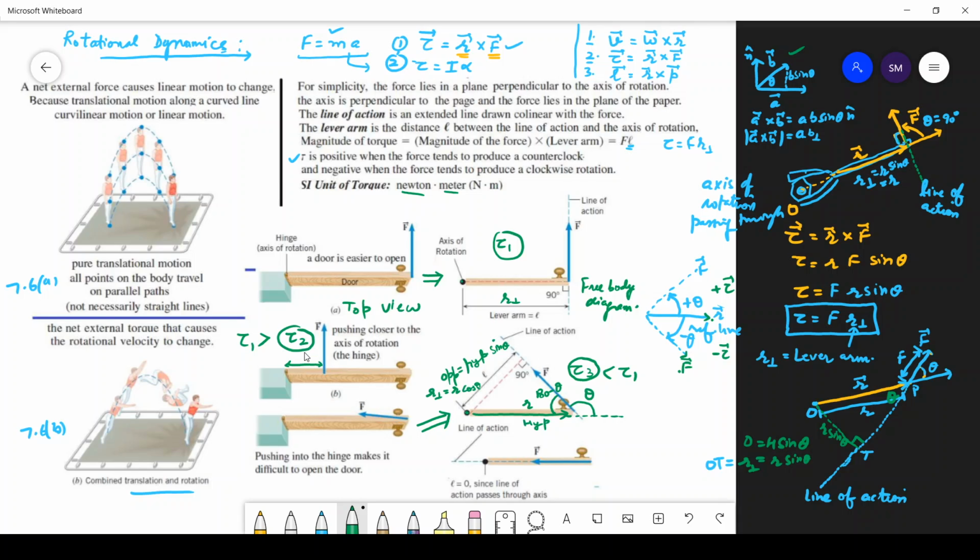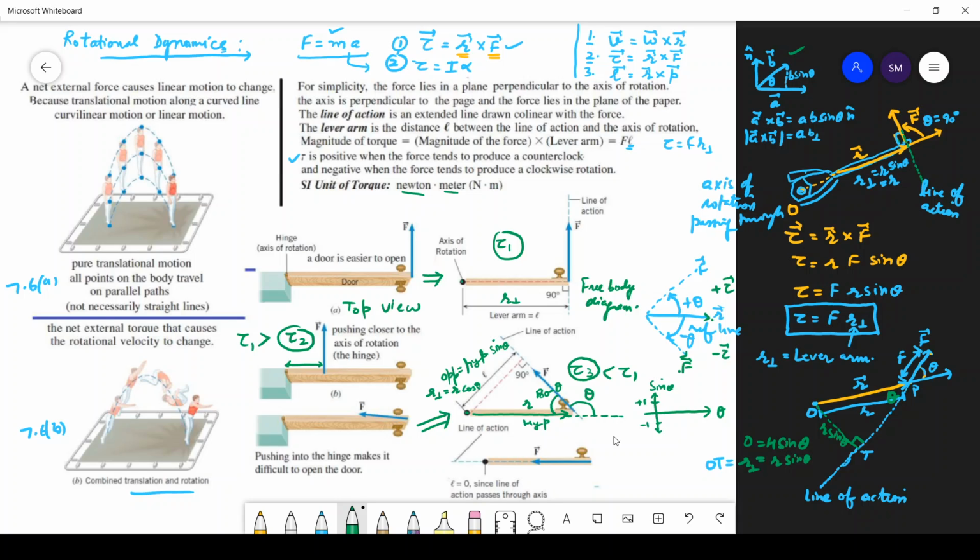So tau reduces if you reduce R, or if you either increase or decrease the angle, in both the cases, because you know the sine function graph. This is your theta, this is your sine theta, this is plus 1 and this is minus 1. These are the maximum and minimum values of sine theta.